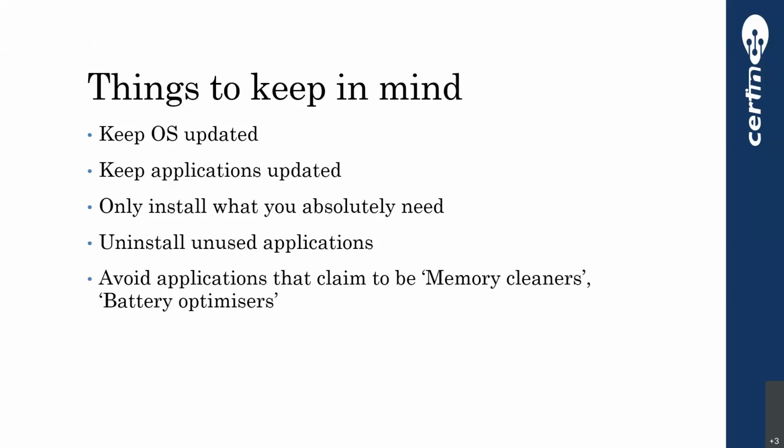The first thing is that we need to keep the operating system itself updated. In my previous session, we discussed vulnerabilities and how they are fixed by the manufacturers. For example, if there is a vulnerability in Android, then it will be fixed in the next security patch update.